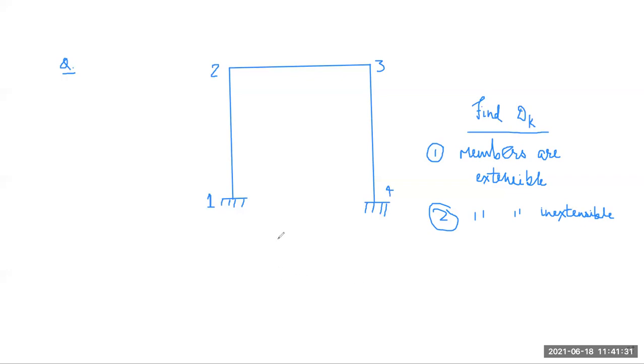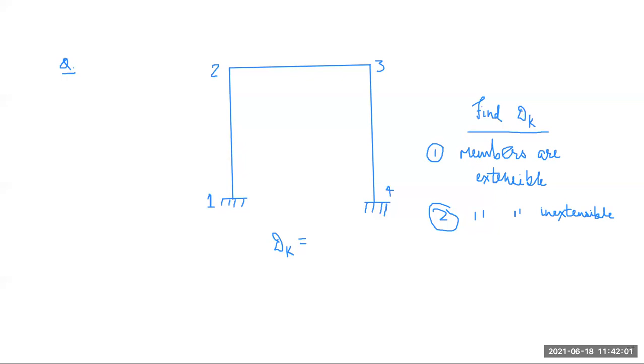What is the Dk value? In the building frame formula this is used: Dk is equal to 3j minus r minus m, where m is the number of inextensible members. In this case j, the joint number, is 4.